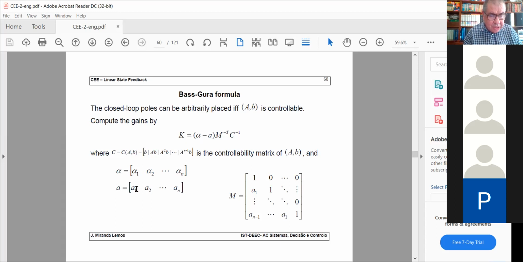Alpha of s means s^n plus alpha 1 s^(n-1) plus alpha 2 s^(n-2), etc. So alpha is the vector of the coefficients of the polynomial that I specified to be the closed loop polynomial. A is the vector of the parameters of the open loop polynomial, something that if I know the initial model, I can compute very easily. And then M is this matrix here. And then I do this, and this C is the controllability matrix associated to the pair AB.